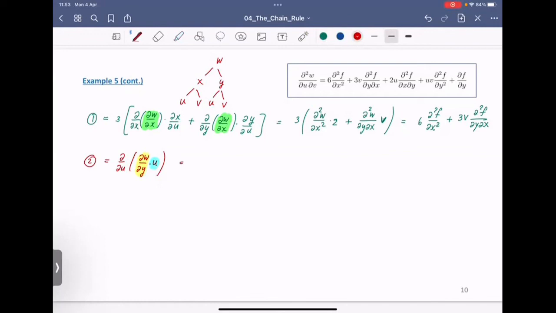It's gonna be differentiate the first one and keep the second one, and then plus keep the first one and differentiate the second one. All right, it's like u dv plus v du by the chain rule.